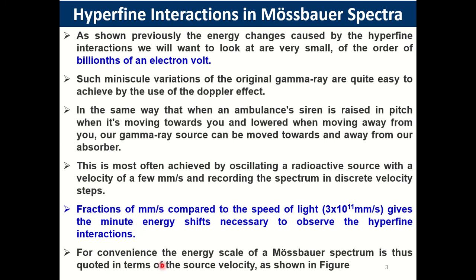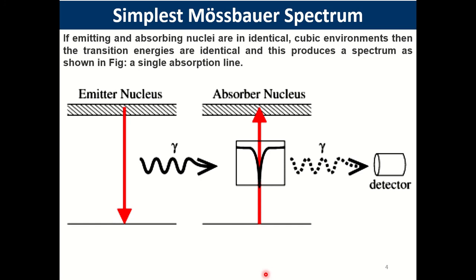So we are basically changing the energy of gamma rays, but for the sake of convenience and simplicity, the most typical Mössbauer spectrum is plotted in terms of source velocity, as shown in the figure. And this is an example that we were talking about.